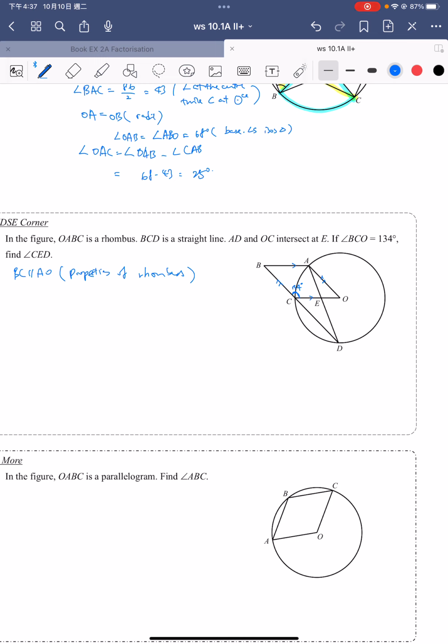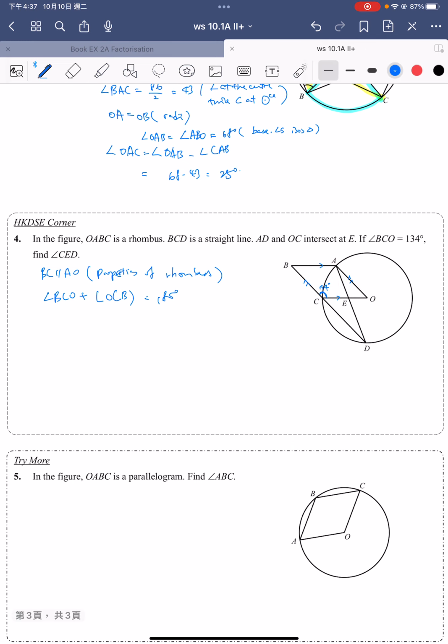And actually, we now can say that the angle BCO plus the angle AOC is going to be equal to 180 degrees. What does that mean? Because these two angles are interior angles and they have parallel lines.